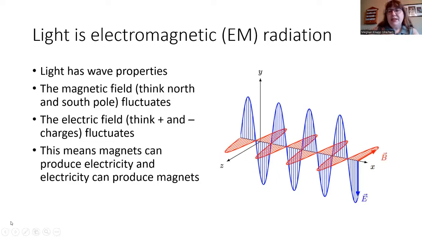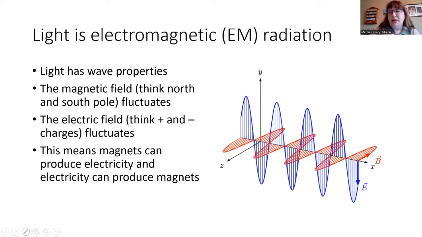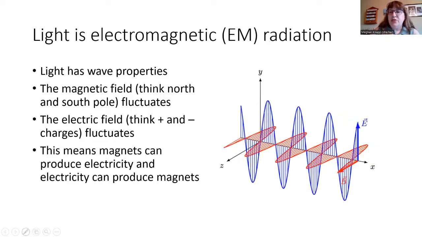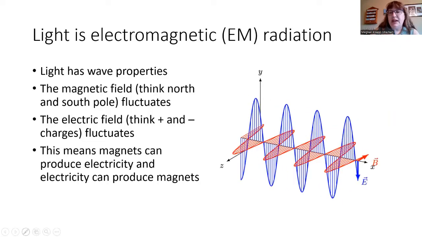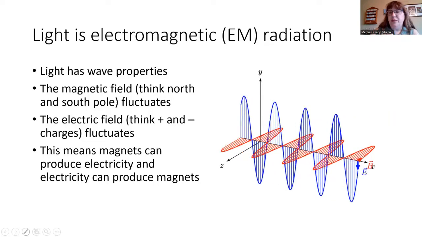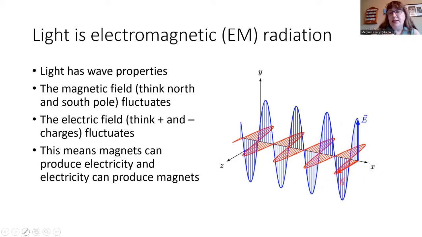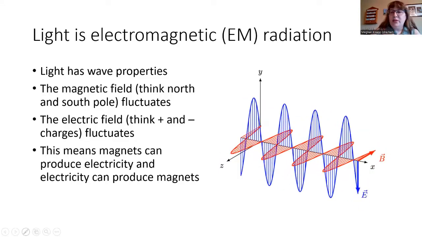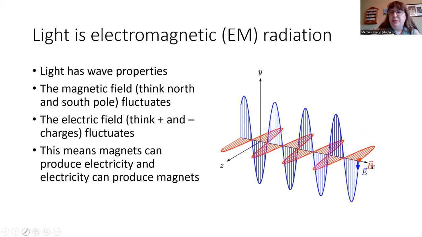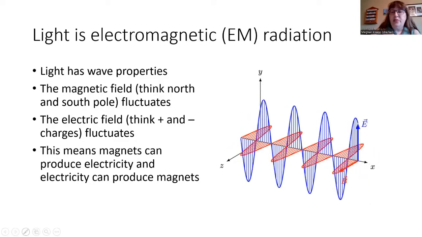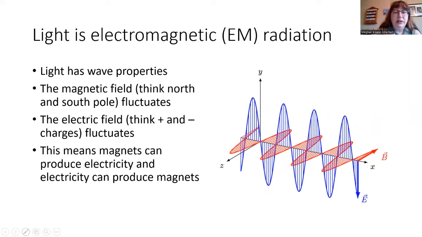So you can see a picture here of waves moving along. There are two waves that are moving together, the vertical and the horizontal ones, and those represent the blue, the electric field, and the red, the magnetic field.